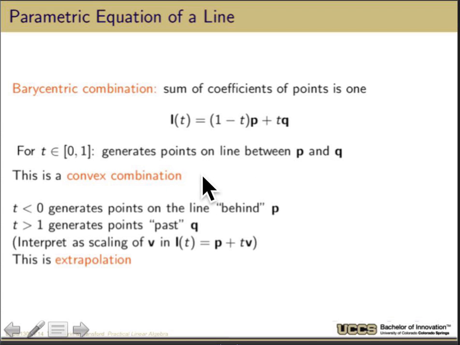This is a convex combination, and in this formulation people often talk about t being between 0 and 1, and as I said, we call that interpolation. If t is less than 0, then we generate a point on the line that's behind p. If t is greater than 1, we generate a point that's past q, and we can call both of those areas extrapolation. And they have different meanings.